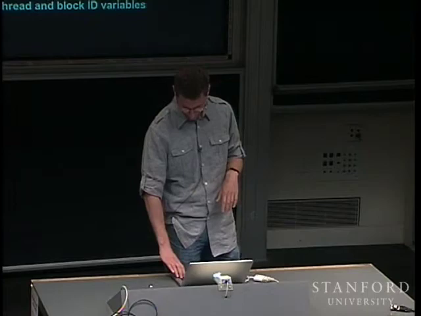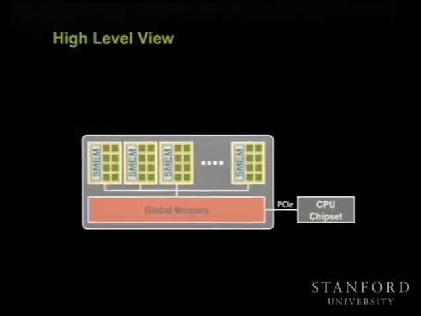All right, so I've been staring at this text for too long. Let's show you pictures. The CPU, shown here on the side, will launch a kernel working on a grid onto the GPU. And that is what we described in the first lecture. The GPU is a many-core processor.